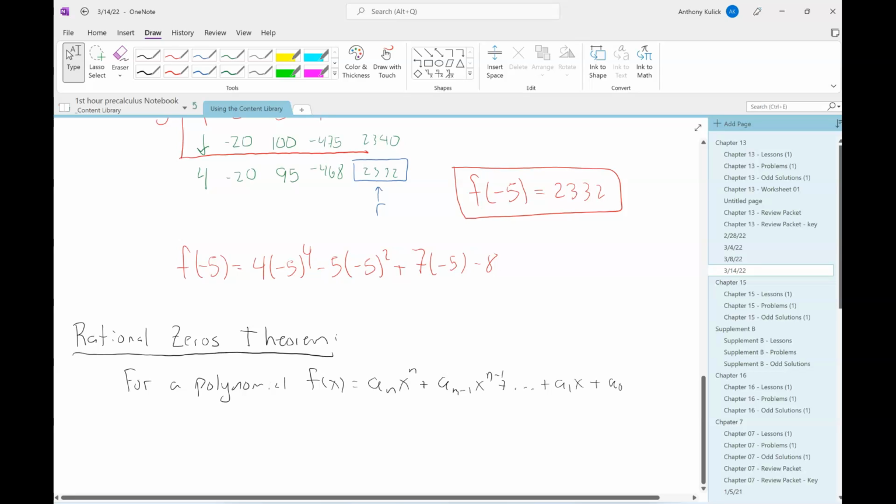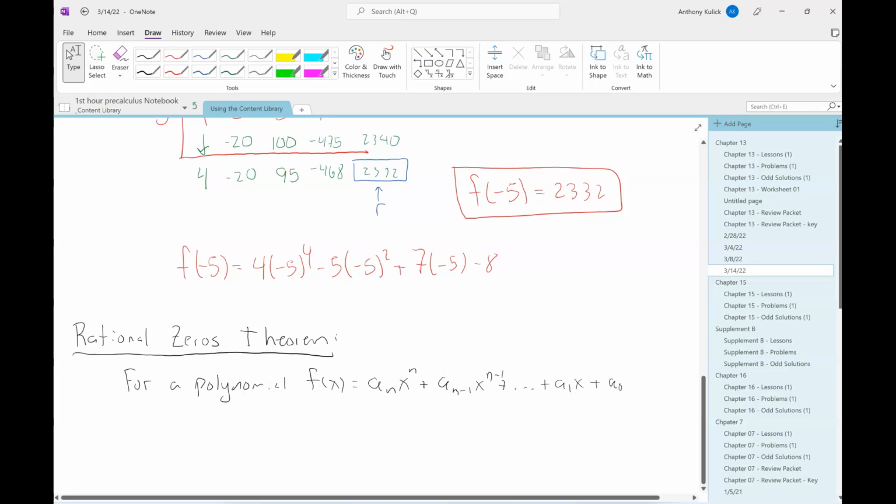Remember, when we're writing this, the a's are just the coefficients on each term of our polynomial. And we're using a subscript there because it's possible that our polynomial has more than 25 terms to it. So we'd run out of letters like A, B, C, D, E, F. Is that okay with everybody?